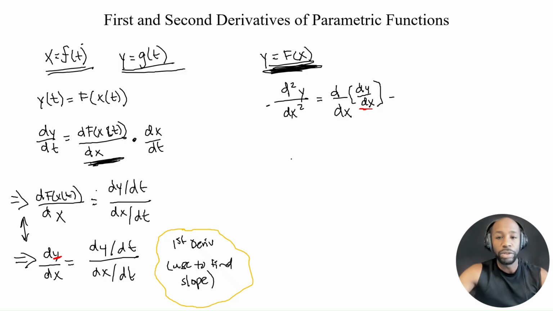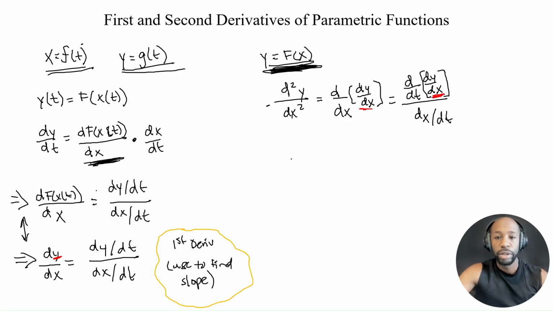And so that is equal to d dt of dy dx over dx dt.